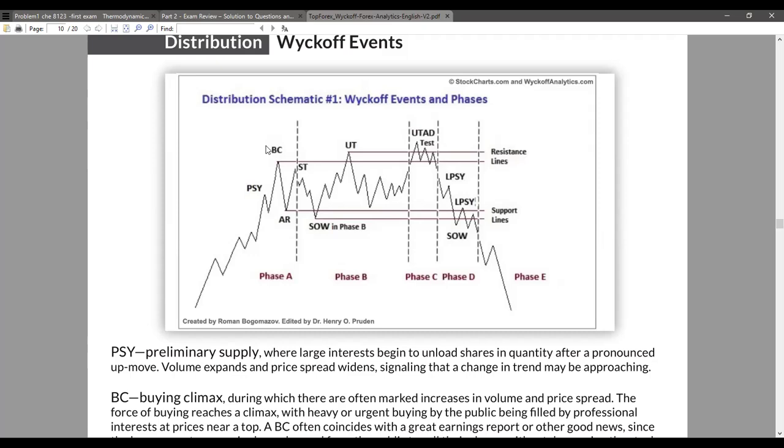After this buying climax, you should not be looking out for buying opportunities anymore. After the buying climax, we have an automatic reaction downward, a secondary test, and then here you have the sign of weakness, showing you that this price is really weak and something might happen.